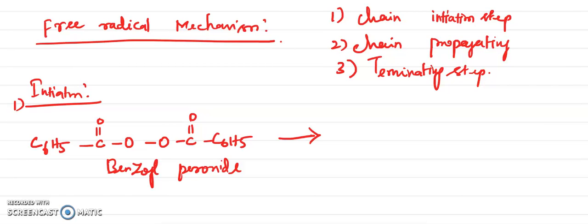See this mechanism: a cleavage will happen here, so that you will get two molecules of C6H5 C double bond O. There is a cleavage, so there will be an electron here, which is indicated with a dot. The free radical mechanism should be indicated with the dot, the electron. So two molecules of C6H5 C double bond O, and O dot.